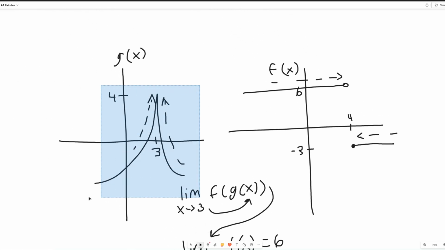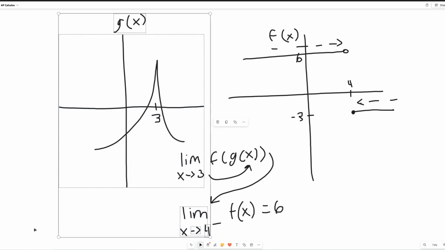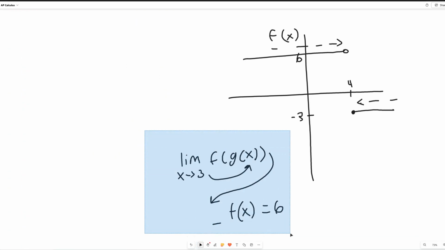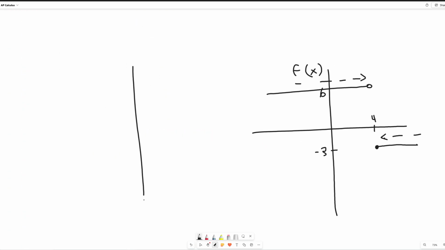And if I gave you some sort of absolute value function, right? Or I should fix this and make it up here.